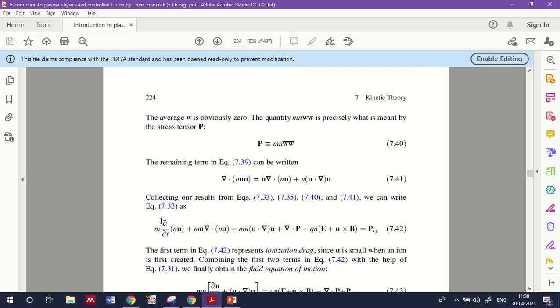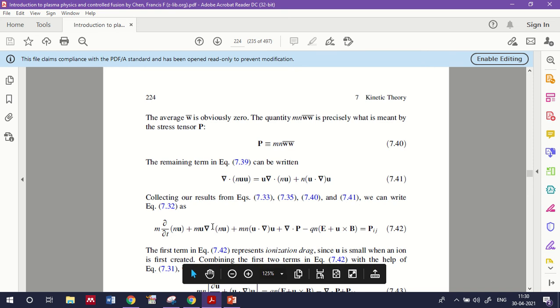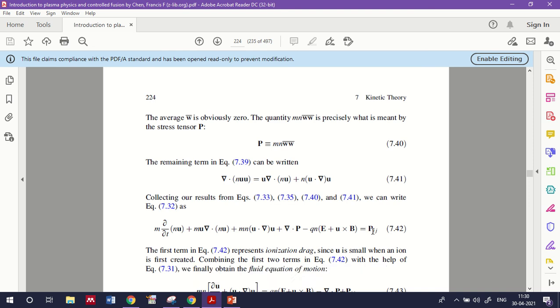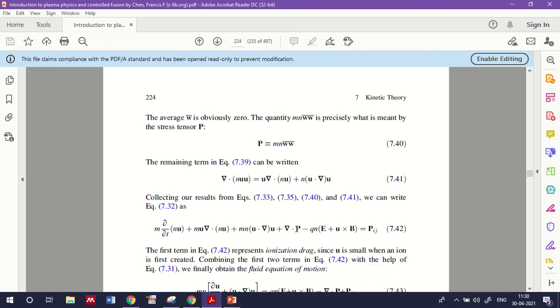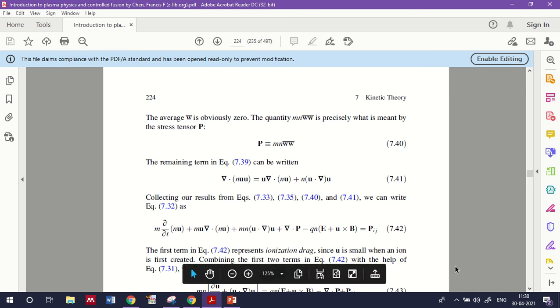So if you substitute that entire equation over here, m into dou by dou t n u plus m u del dot n u plus m n u dot delta u plus the stress tensor term. So del dot P is minus q n E plus u cross B, equal to P ij. So this is the right hand side term, the pressure tensor term P ij, as we already said. And here you can see that P is equal to m n w w bar. If you substitute that, then you will get the corresponding equation.